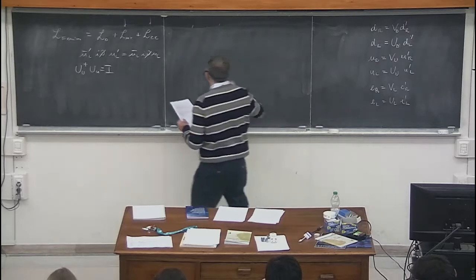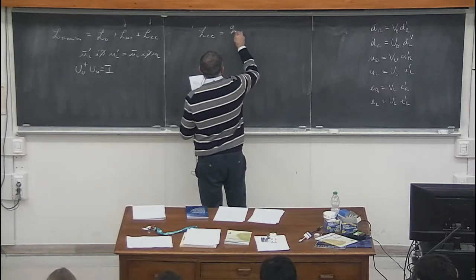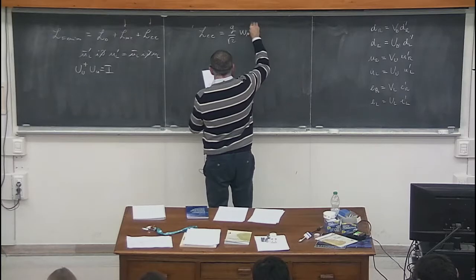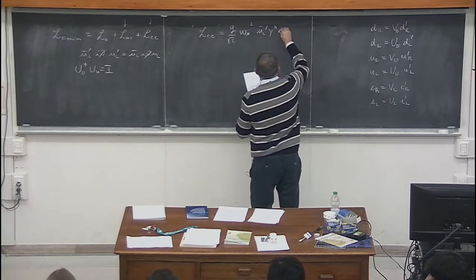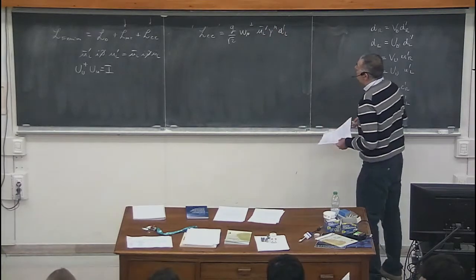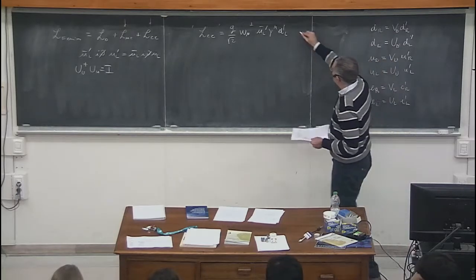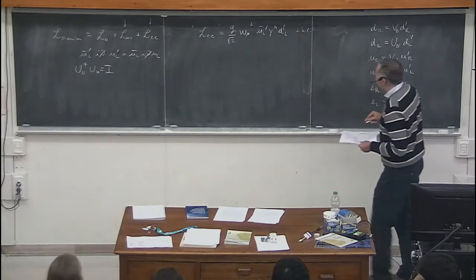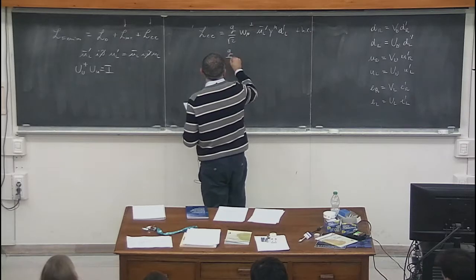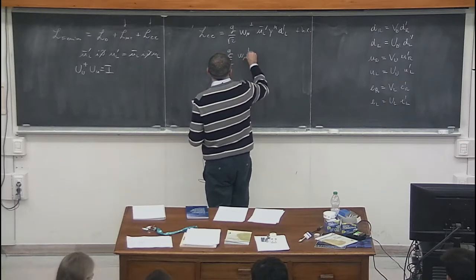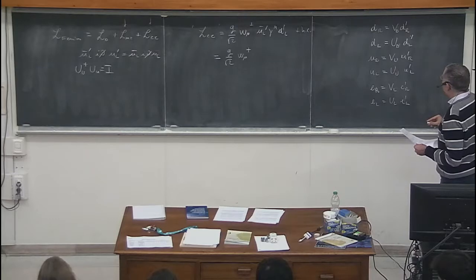For example, if I take the charge current interaction of up and down quarks with the W boson, which is written like this, this transforms into, okay, U prime.